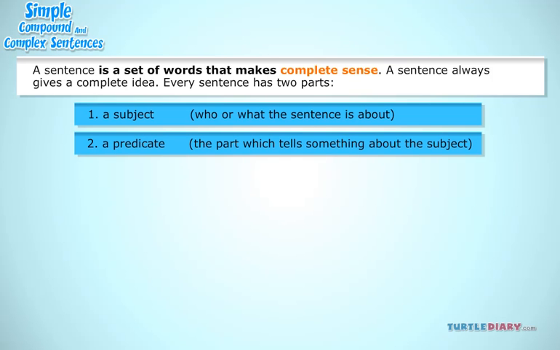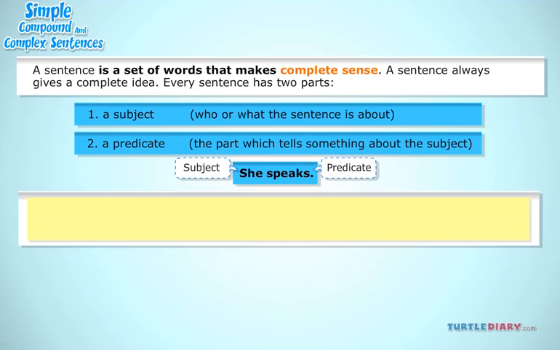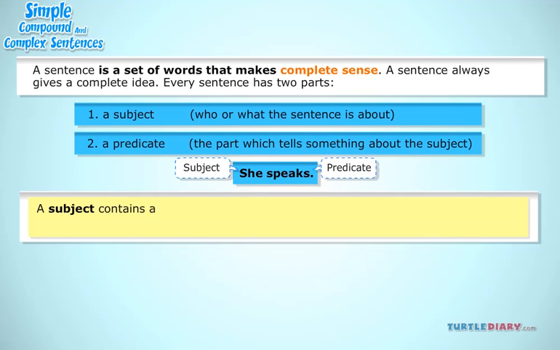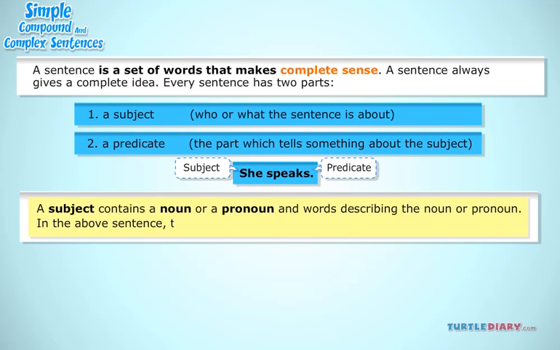For example, she speaks. A subject contains a noun or a pronoun and words describing the noun or pronoun. In the above sentence, the pronoun she is itself the subject.